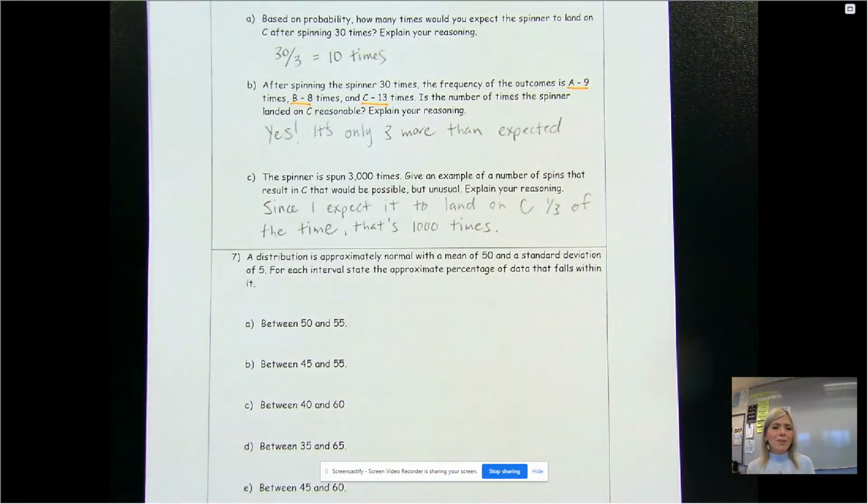And then, I mean, there's so many values you could choose that are possible but unlikely or unusual. I would say even just doubling that is possible, but it's unusual.